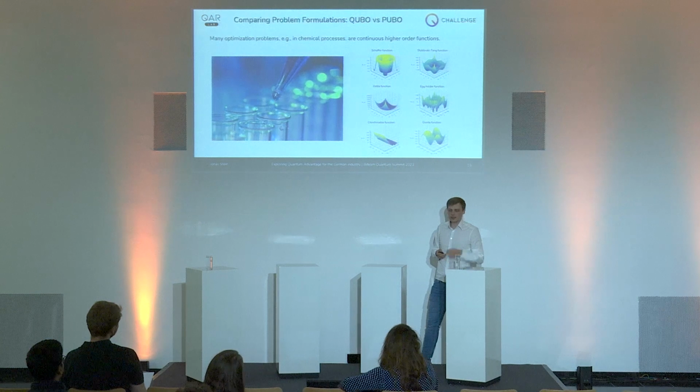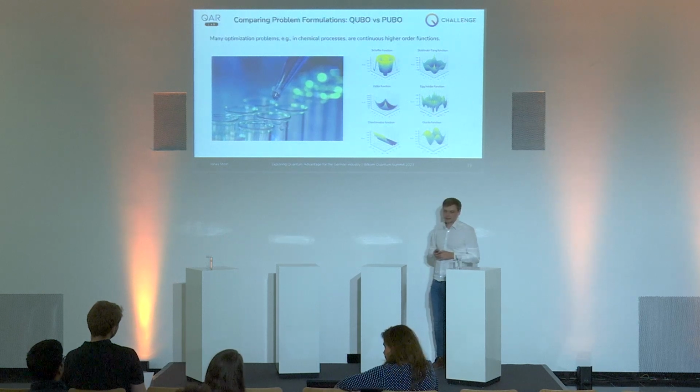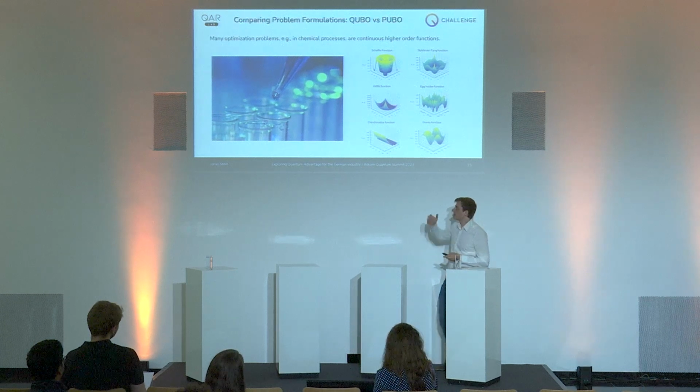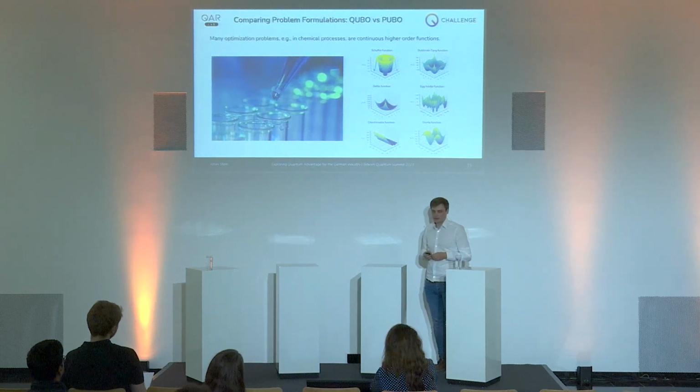One example comes from optimization, especially for chemical processes. We have functions where we are seeking global optima, like minima and maxima, for functions that you can see here on the right side, for example.